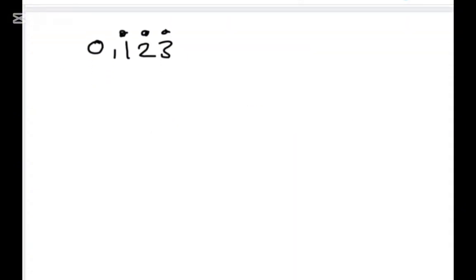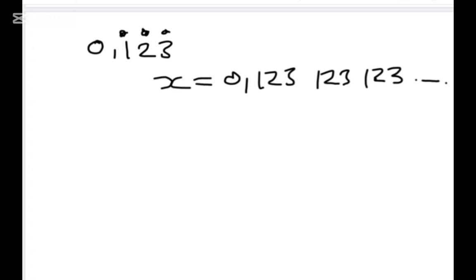Our last example is this one. I'm going to try to turn this into a fraction. How can we do that? We know that if it has these dots, it's a recurring decimal, which is the same as 0.123123123 and it does not end. So we let it be equal to x, and create another equation. When there are 3 decimals, we multiply both sides by 1,000.